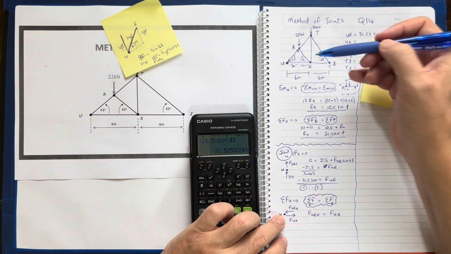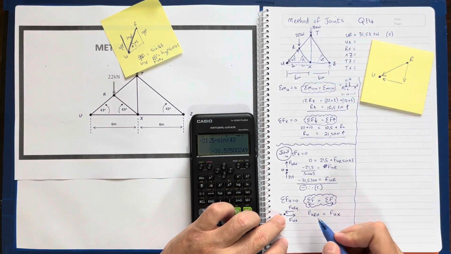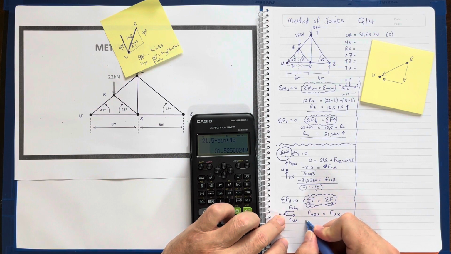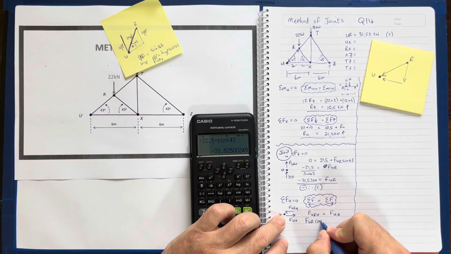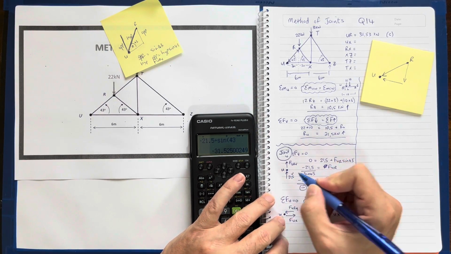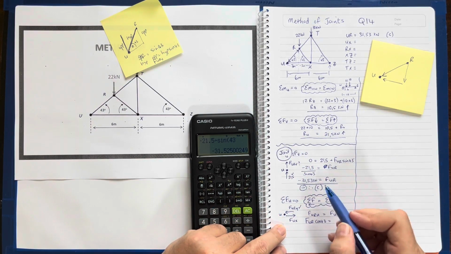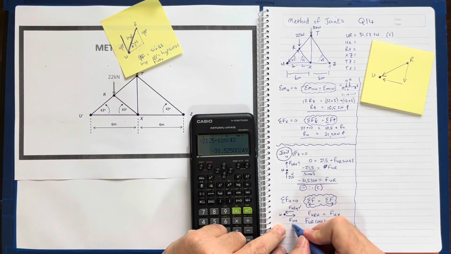Force UR horizontal traveling this way, equivalent of that would be force UR cos 43. Look, I knew what that was. I didn't know what that was. I can find that because I have UR. I don't know what that is.